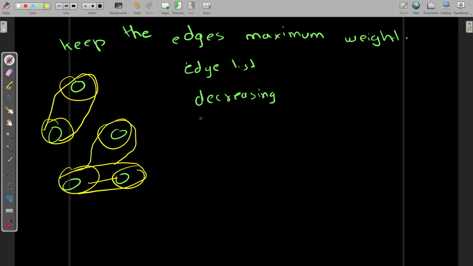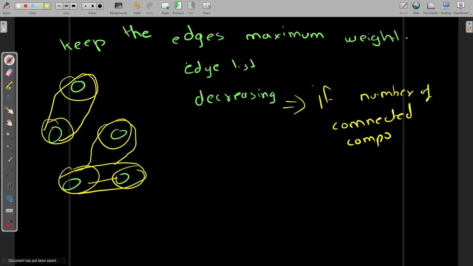So we will sort the edges in decreasing fashion, then pick an edge and see if the number of connected components is greater than 2. If it is greater than 2, then we will just continue. But if it's equal to 2, then we will have to stop, right?